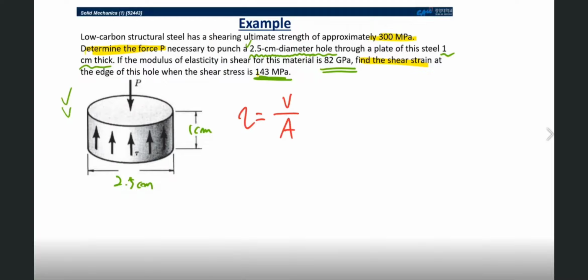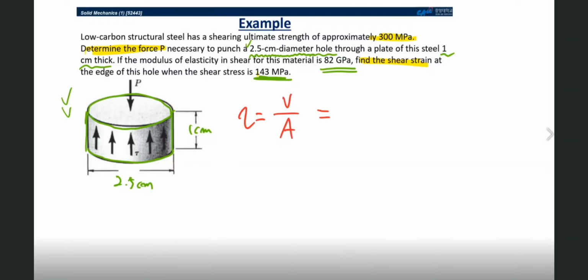Then using this condition, we can define tau is what? V over A. And in this case, V is the same amount of force loading applied on this specific outside area. Then we consider the area to define the shear stress. We have to consider the parallel cross-section area and the shearing force.